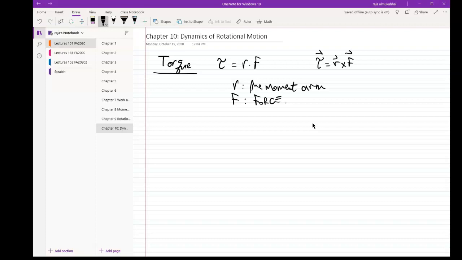To give you an example, imagine you have a wrench that you want to use to loosen a bolt. So let me draw a wrench. I'll try my best to draw it. Something like that. Just a little bit thin, but that's all right.